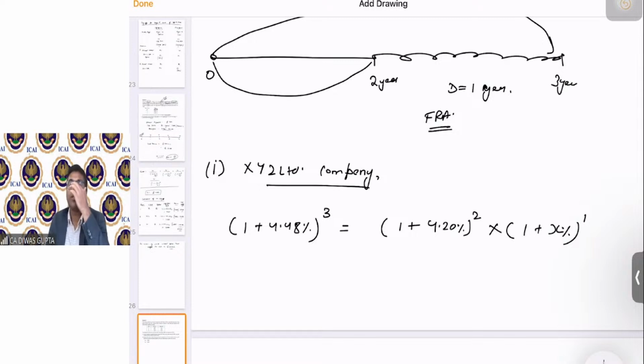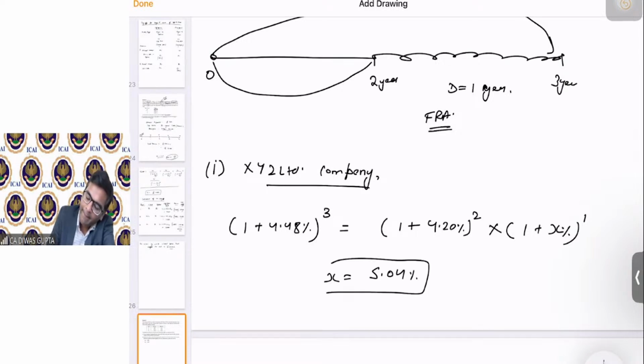Understood? This equation is understood, students? Okay. If we solve this, x comes out to be 5.04 percentage.